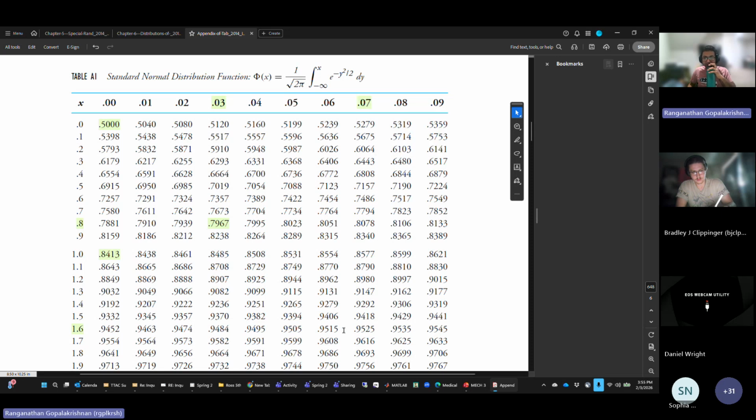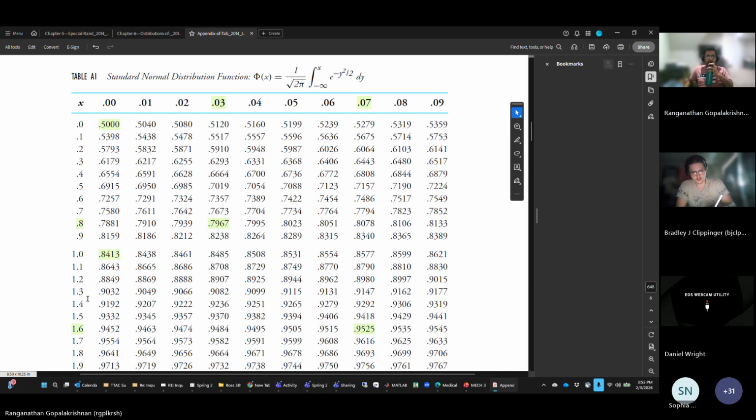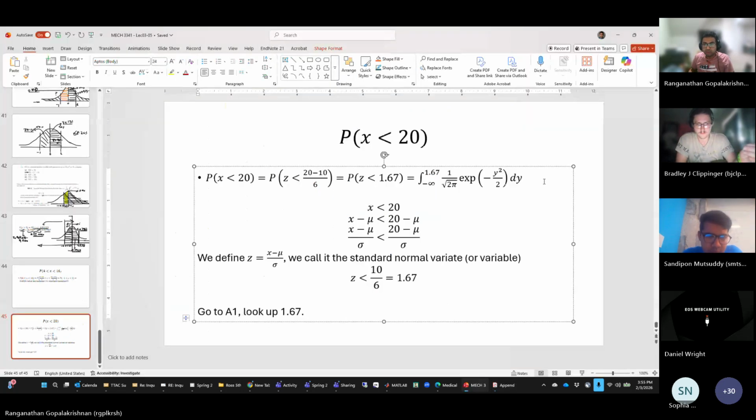So here is 1.67: 0.9525. So the probability of X taking values less than 20 is actually a 95% chance.